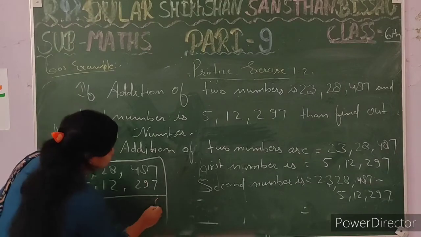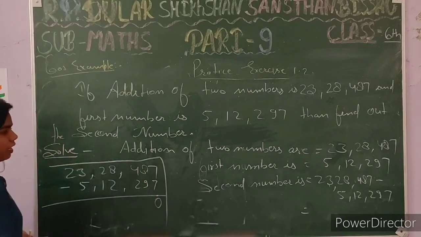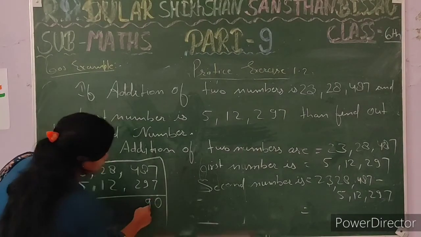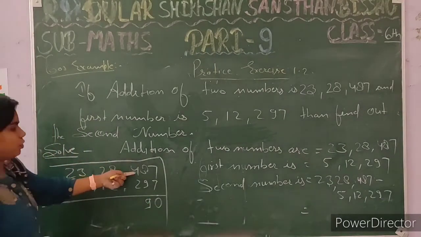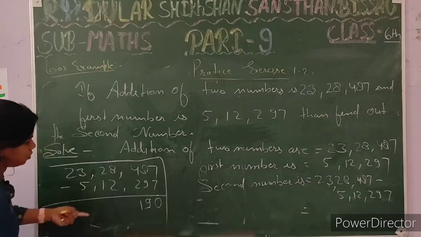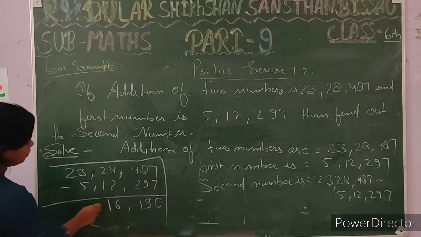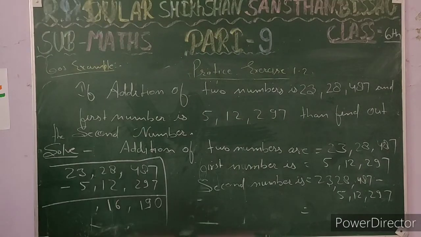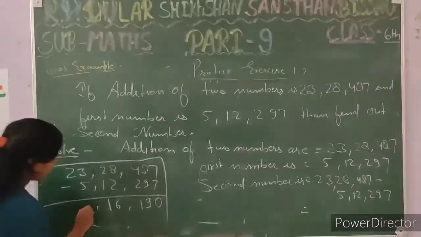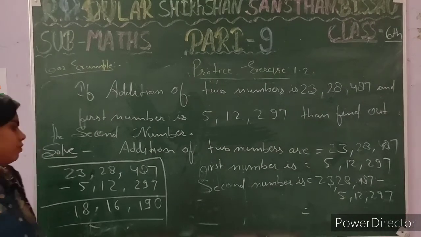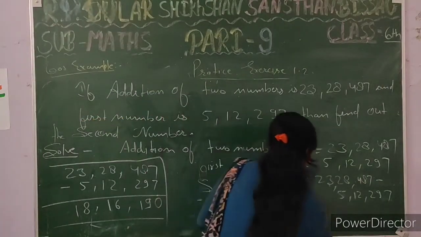So 7 minus 7 is 0. 8 is smaller than 9, so we use one carry mark, that becomes 18, then 9. Then 3 minus 2 is 1, 8 minus 2 is 6. Then 2 minus 1 is 1. 3 is smaller than 5, so it becomes 13, and 13 minus 5 becomes, students tell me, 8. Then it becomes 1. We have 18,16,190.